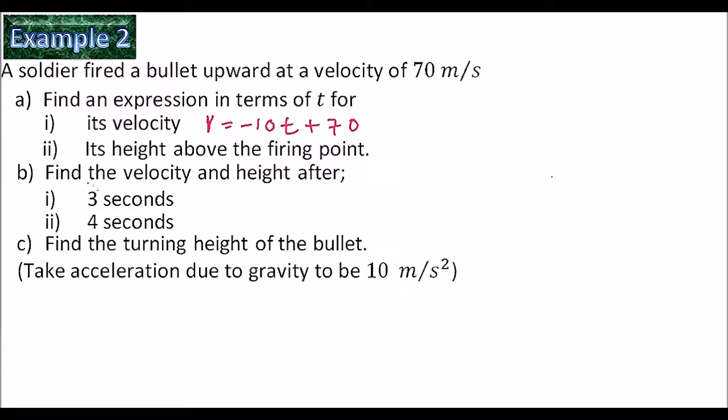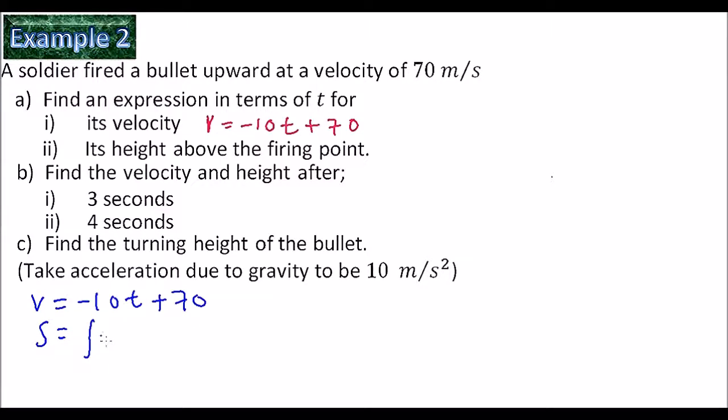So part B, its height above the firing point. So in part A, we have found that velocity is equals to minus 10t plus 70. Now, when you are given velocity, we get velocity by differentiating displacement with respect to time. So it means if we integrate velocity, we will be able to get displacement.